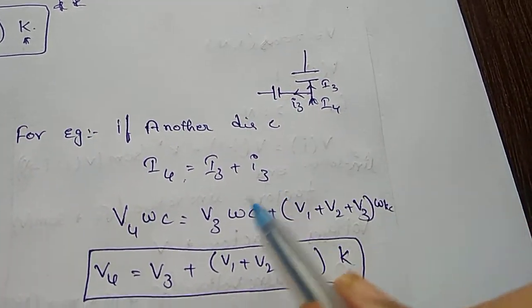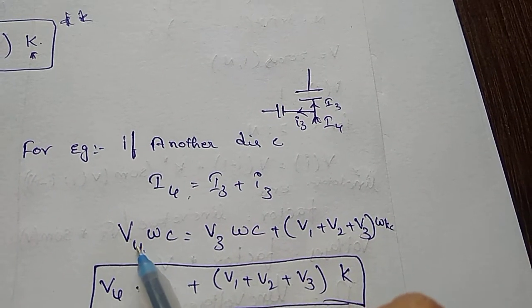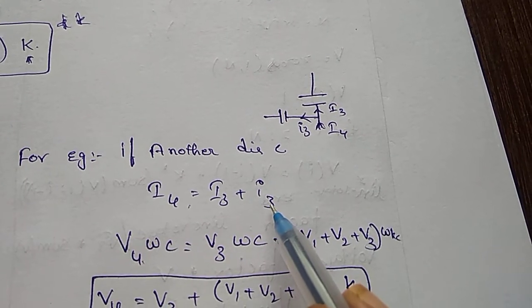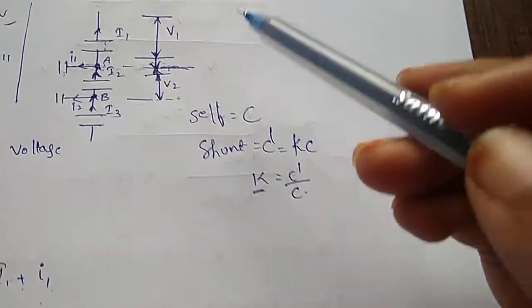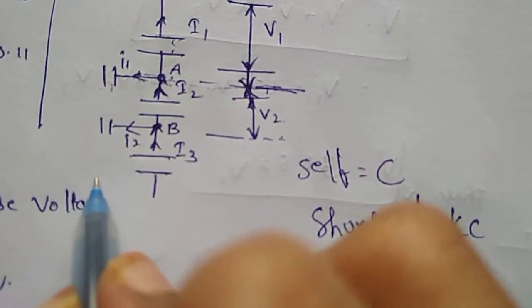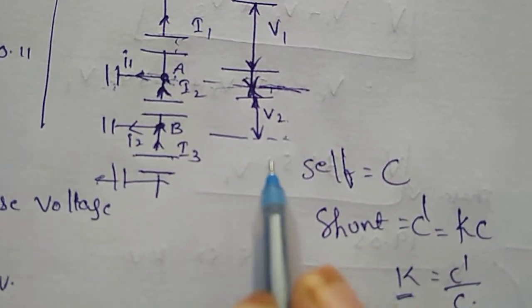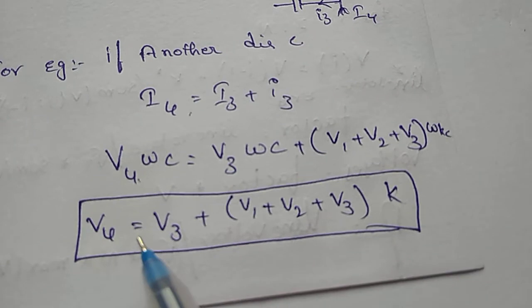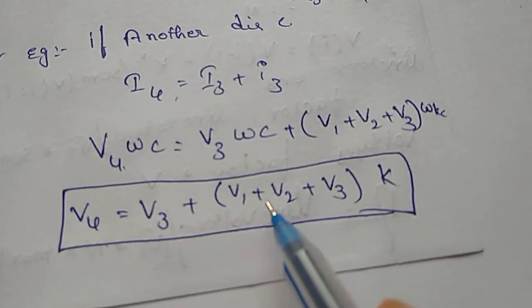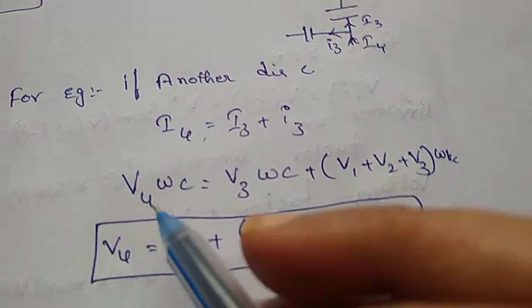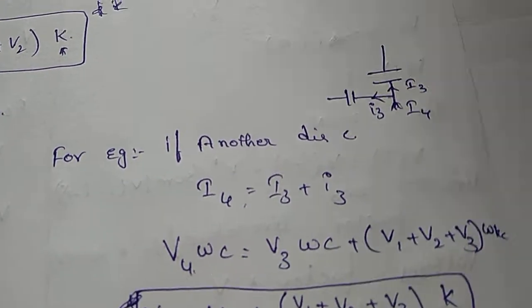Again V4 omega C and V3 omega C appear. Small i3 will be up to V3, so V4 equals V3 plus (V1 plus V2 plus V3) into K. Please remember these equations.